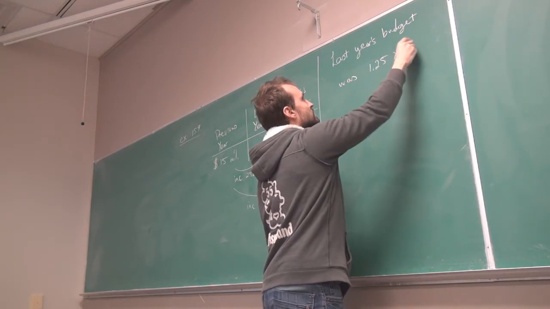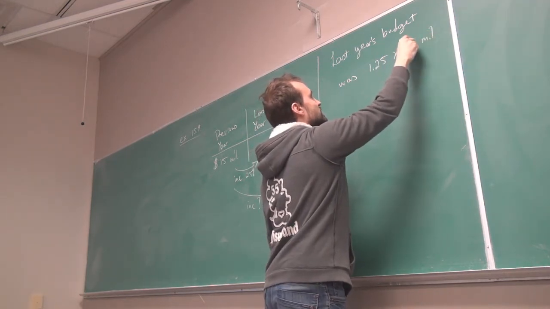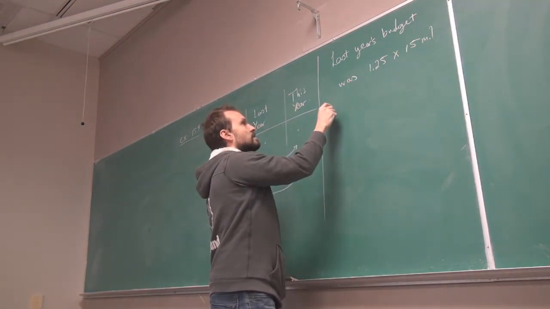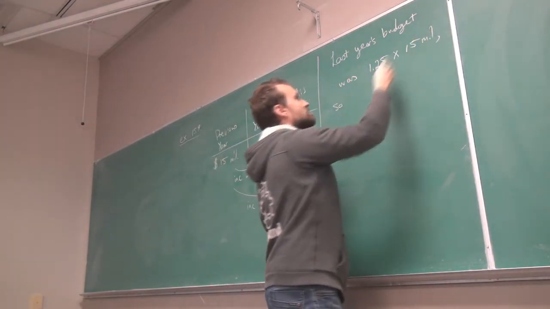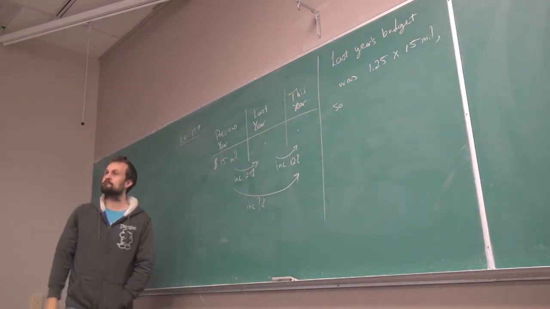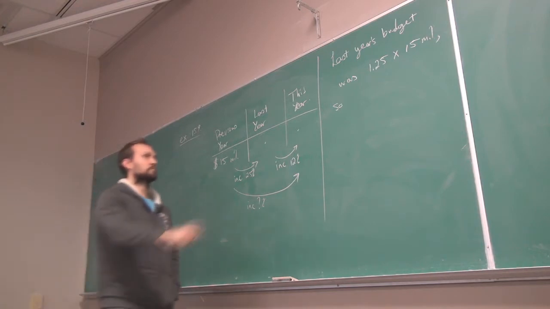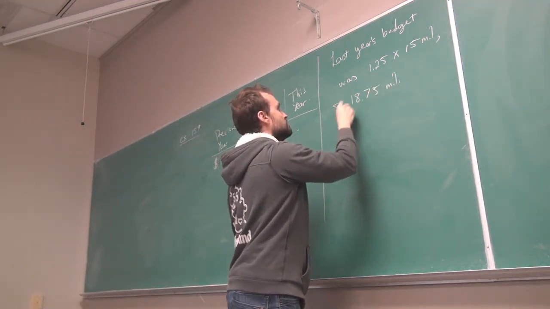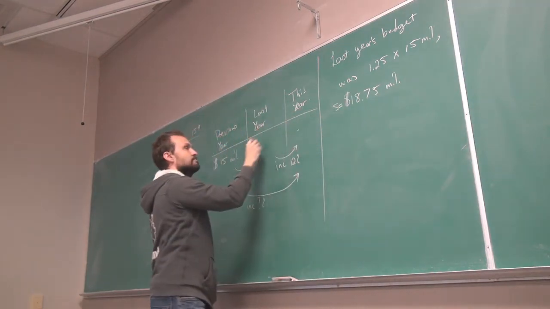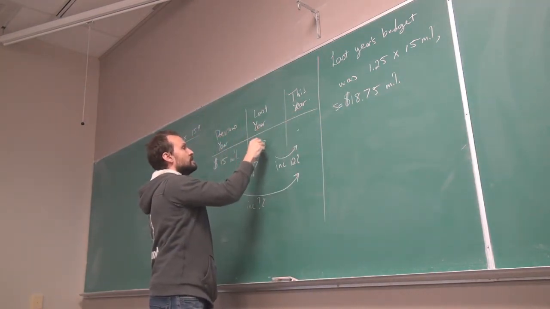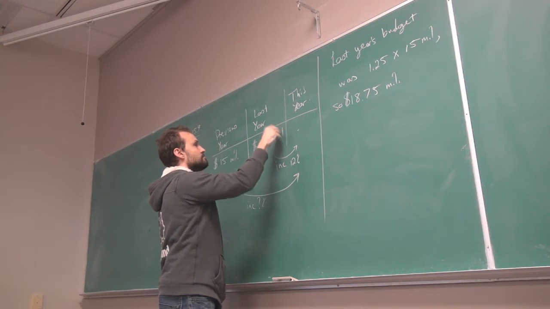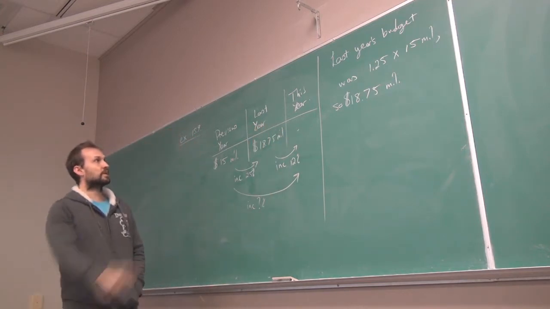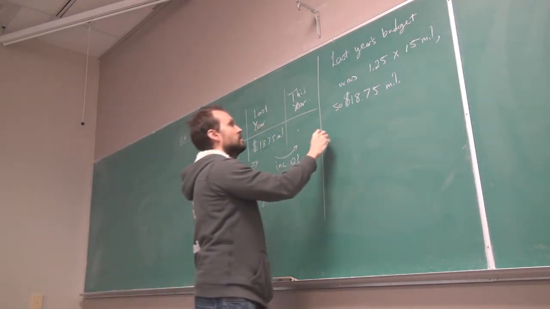1.25 times 15. We can write million there. So that is 1.25 times 15, 18.75 million dollars. So let's put that in. Now I can do the same thing for another year.